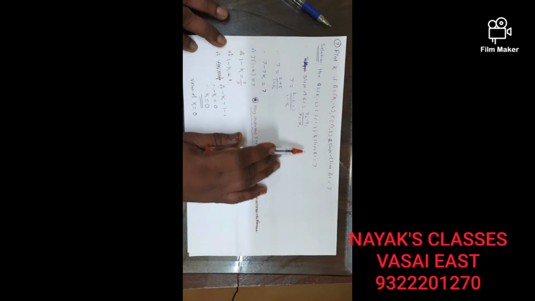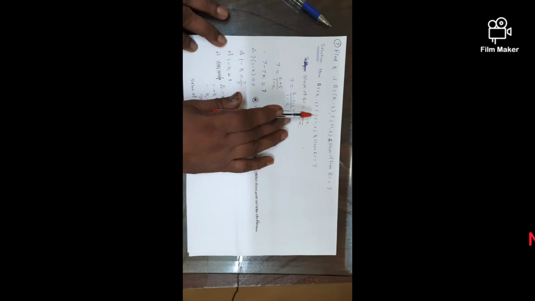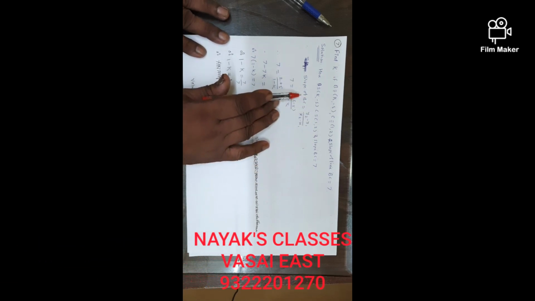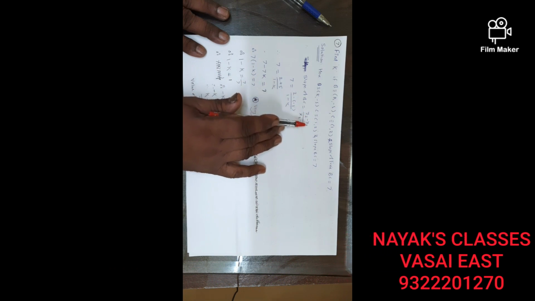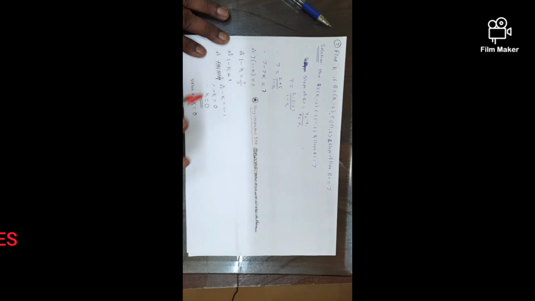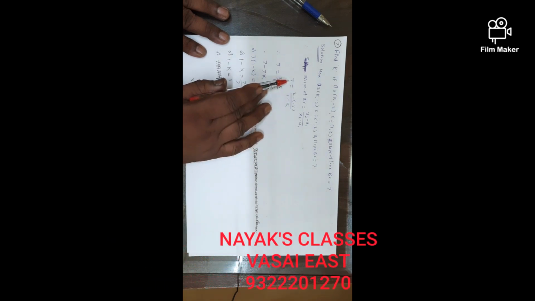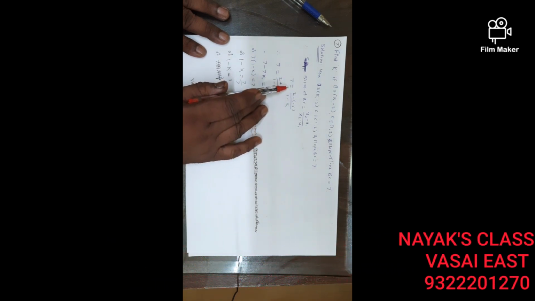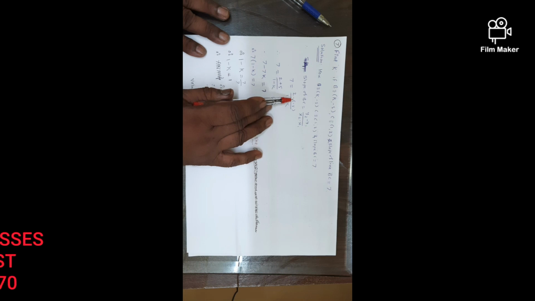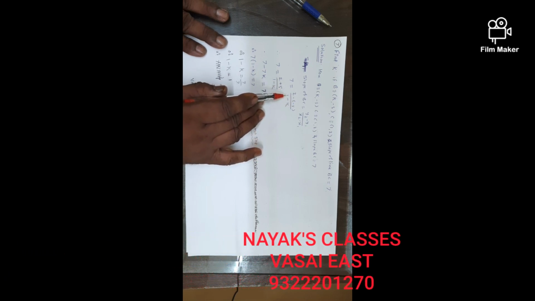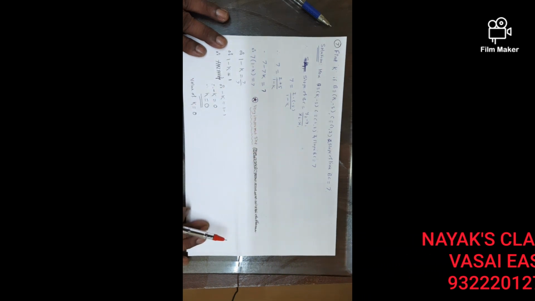Putting the values the same way, slope of BC is equal to y2 minus y1 upon x2 minus x1. Put the values. The slope is already given, 7 is equal to 2 minus (-5), and in the denominator it is 1 minus k.